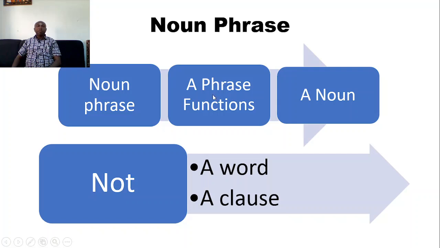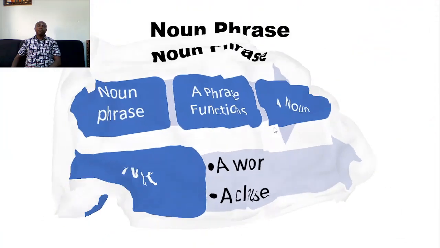Note that a noun phrase is not a word, or else it would have been called a noun. A noun phrase is not a clause, or else we would have referred to it as a nominal or noun clause. But note that a noun phrase is a phrase that functions as a noun.